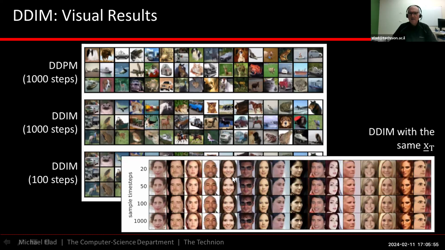And the same here: what you see is the Celeb A results of DDIM for 20, 50, 100, and 1,000 steps. As you can see, if they started with the same vector, they get the same lady all the time, the same person all the time, just with slightly better and better quality that is influencing FID by 1, 2, 3, etc.